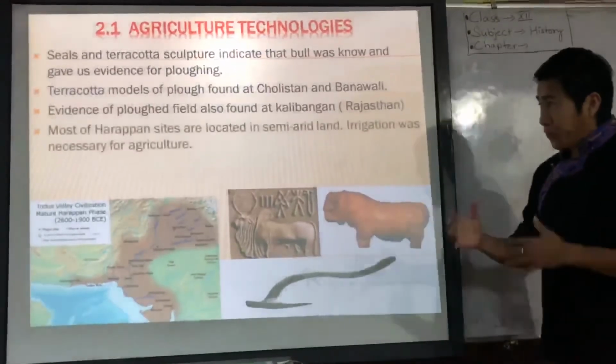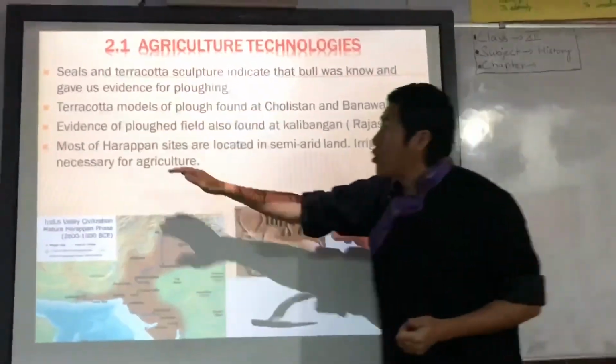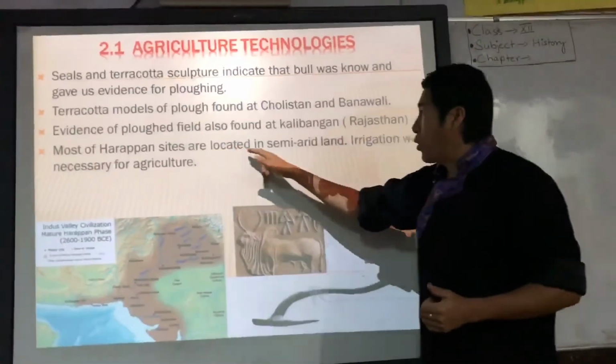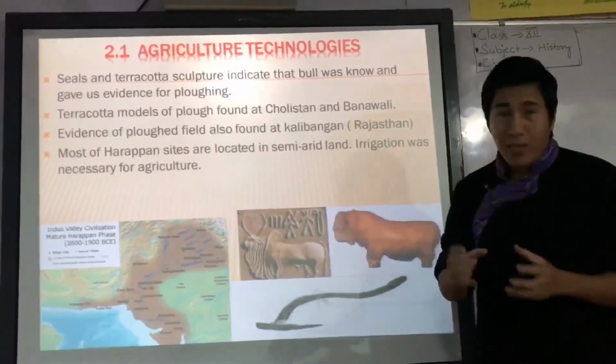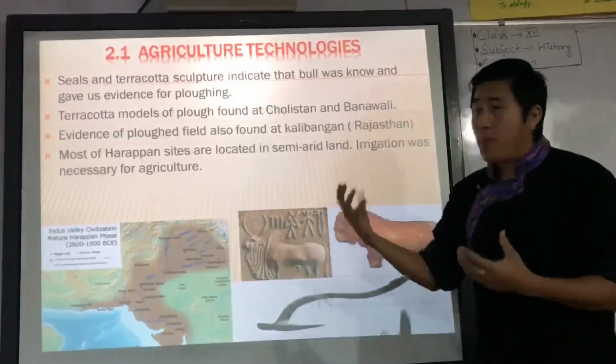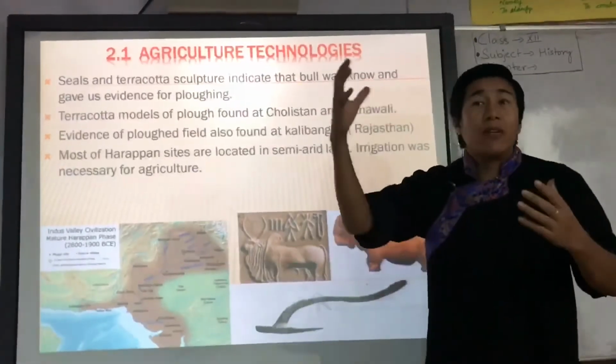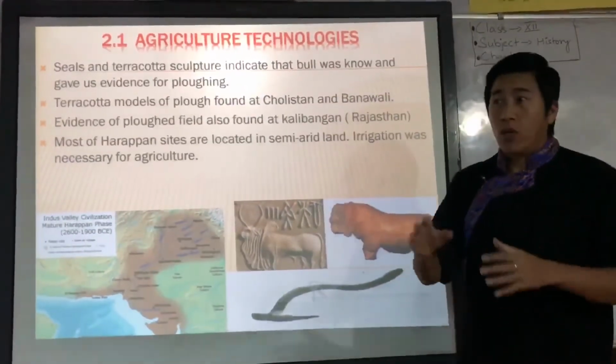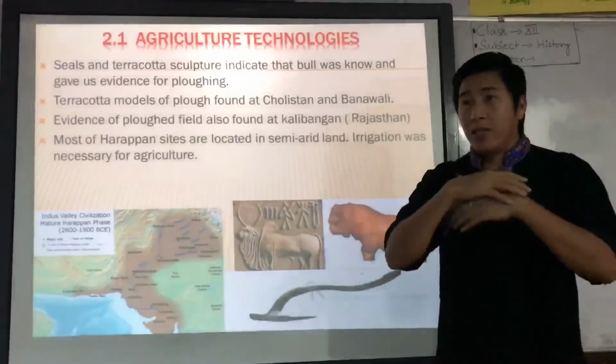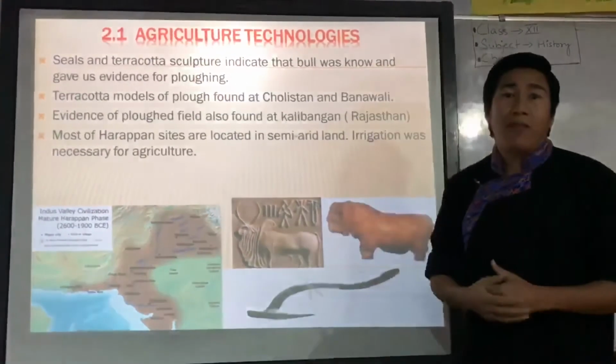And then, as we know, most of the Harappan sites are located in semi-arid land. Listen, as we have discussed before, Harappan culture started near the river Indus, but it does not mean that the Harappan civilization didn't have any water problem. Yes, they had a water problem.